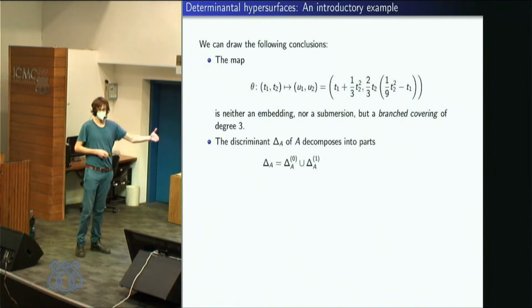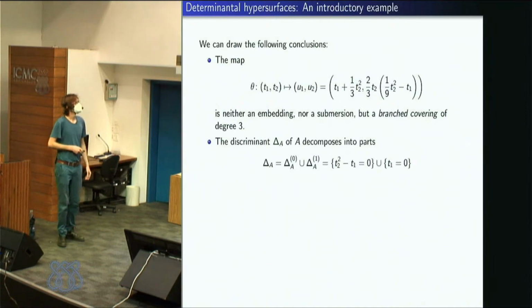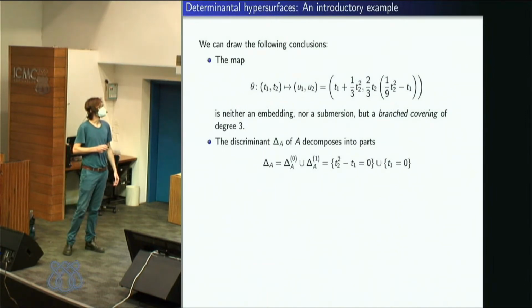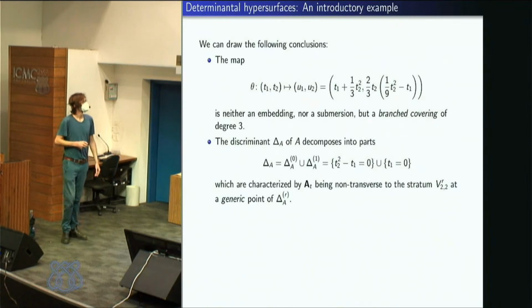The discriminant for the matrix decomposes into two parts. Right? And these are the equations. This is the parabola and this is the axis. And they have a geometric meaning. They are characterized by this map AT being non-transverse to different strata.